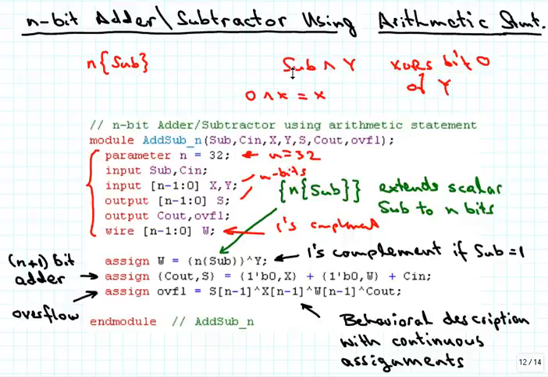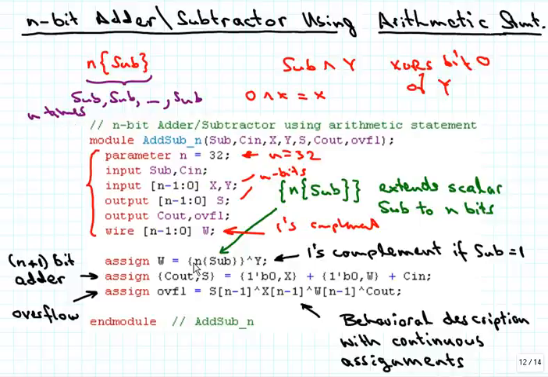So this construct makes a concatenation of SUB, comma SUB, etc., SUB n times. And then we put that into a concatenation operator.